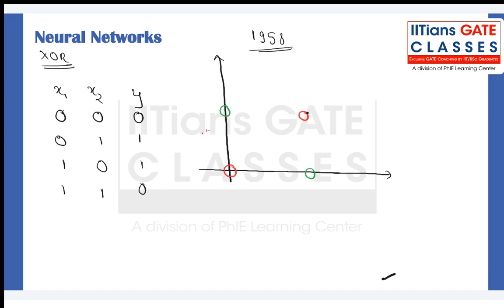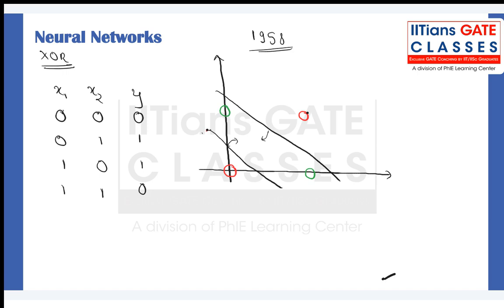If I consider two lines, let's take this line, one line, and this other line. And if I claim that all the points that lie above this line and all the points that lie below this line are linearly separable, and all the points otherwise are red, belonging to class 0.